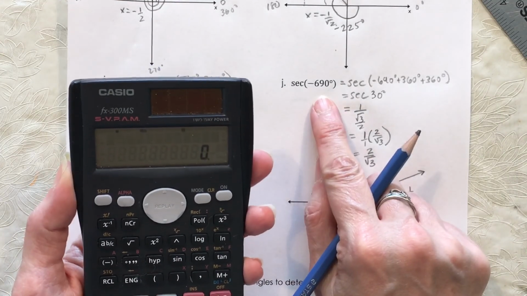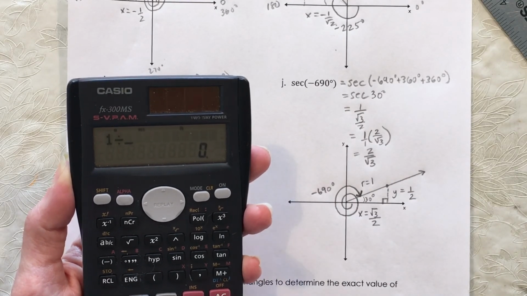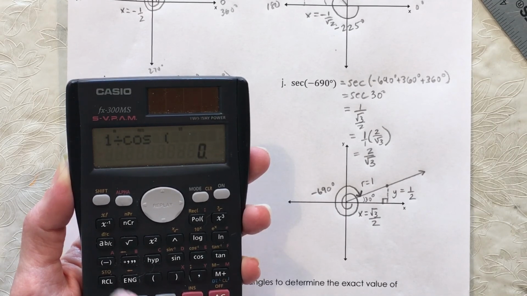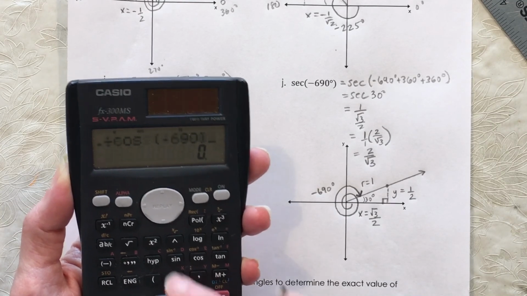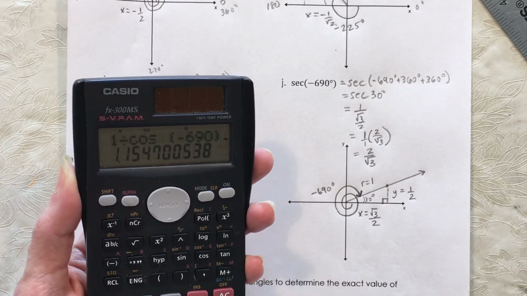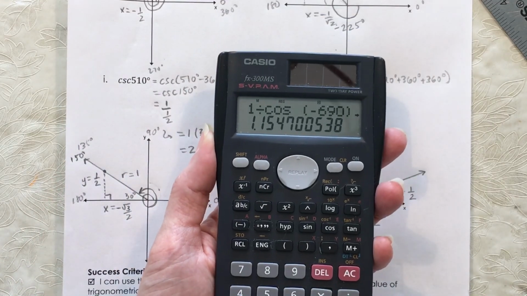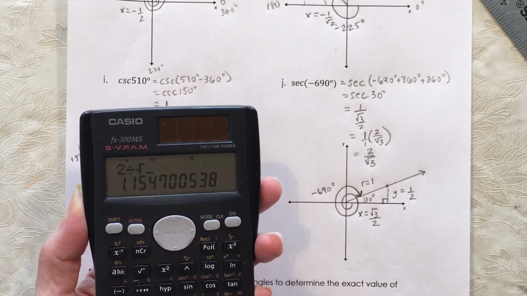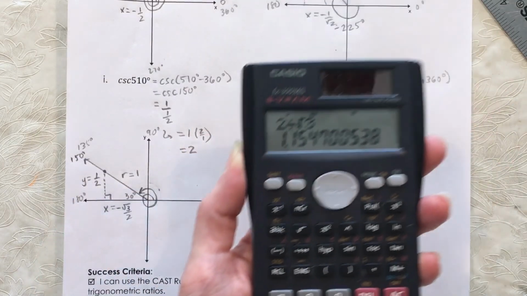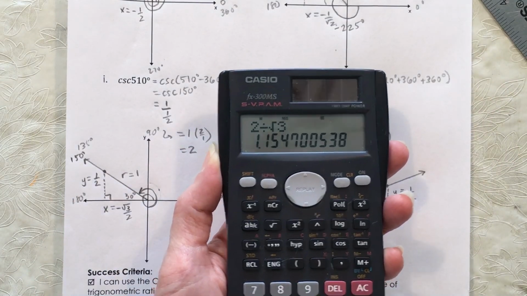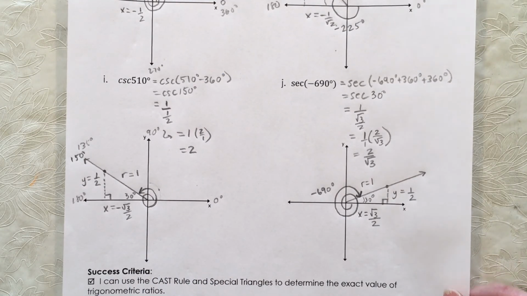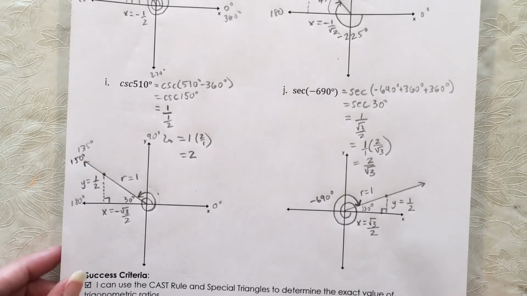So the way we would have to do it is 1 divided by the cosine of negative 690. We get 1.1547. And then let's try 2 divided by the square root of 3. Also 1.1547.